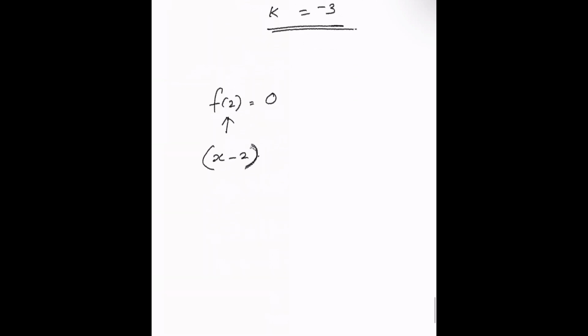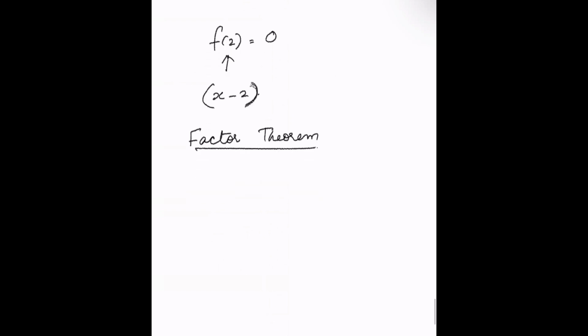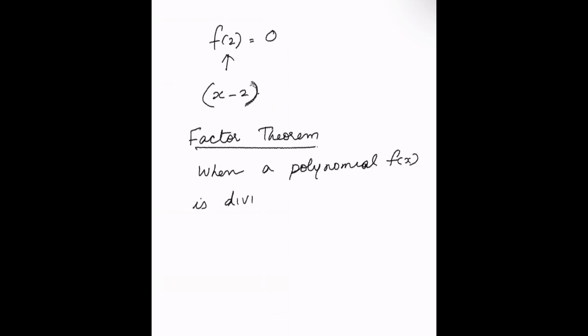If I write this in mathematical terms, it is like this. Factor theorem, just note this down. When a polynomial f of x is divided by x minus a, the remainder is equal to f of a.